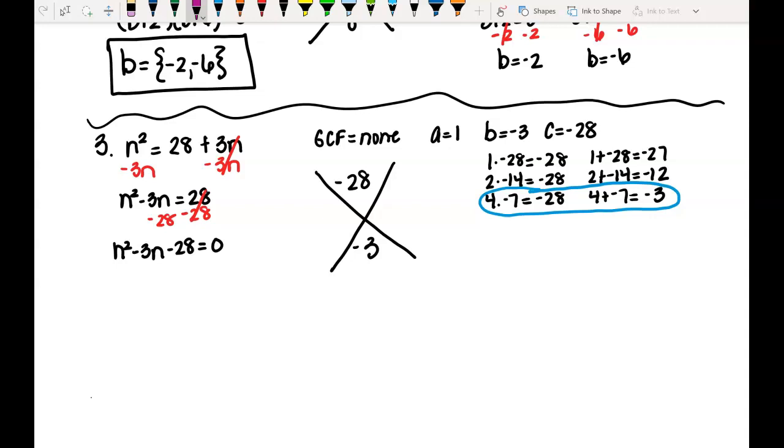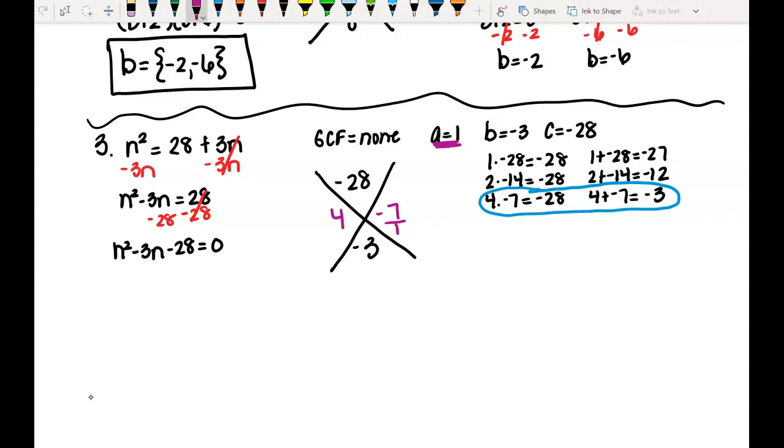When your sum is negative, then the larger factor is negative. If your product is positive and your sum is negative, then both factors are negative. But it does matter because you need that -3. If I had had -4 plus 7, that would have given me a +3, and it wouldn't equal that -3. So one factor is +4, one factor is -7.